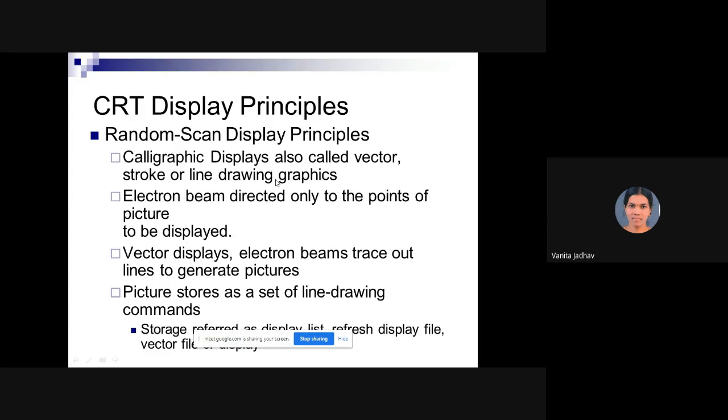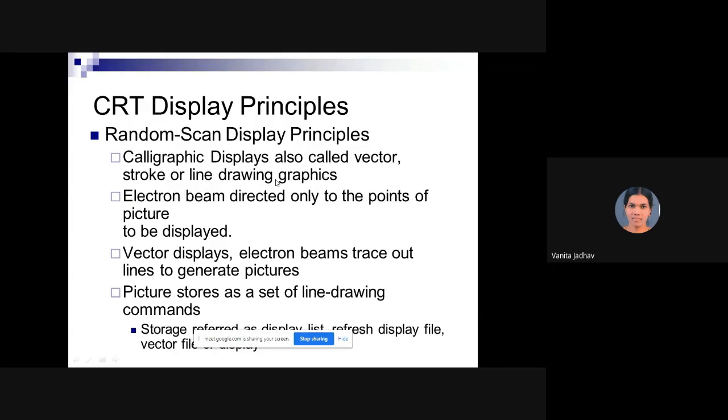Once again, I will repeat. Pixel is the basic unit of picture in raster scan display, and line is the basic unit of picture in random scan display. So in random scan display, the picture is drawn in the form of lines.